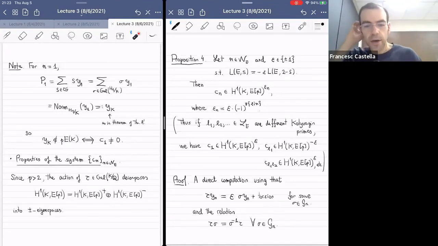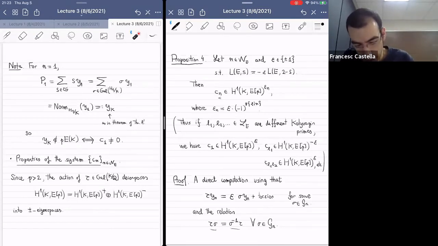From this you can almost see how the calculation is going to go, because every time you add a new prime to the conductor n, you're going to be applying one of these D_l's. When you look at the action of tau, at some point you will need to swap the D_l with tau, and every time you do this swapping, you need to use this relation. Every time you're going to be alternating the sign due to that. So there is nothing more conceptual than that in the proof. One just uses the definition and computes quite straightforwardly.